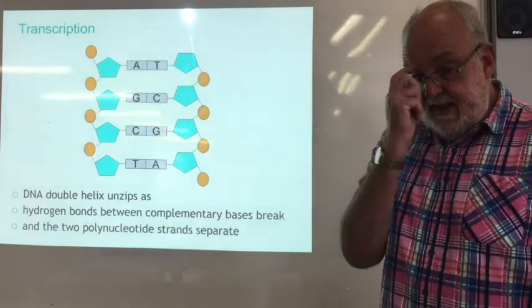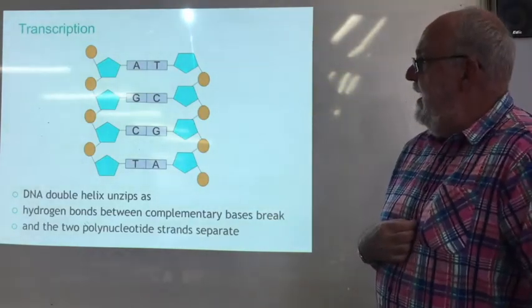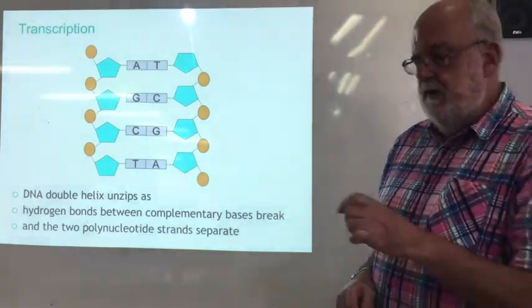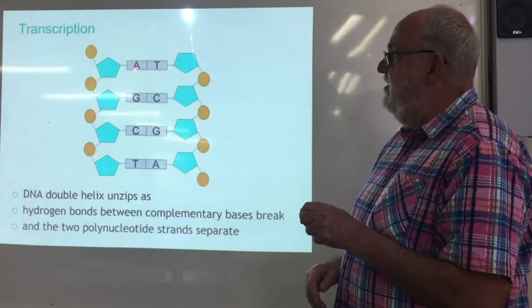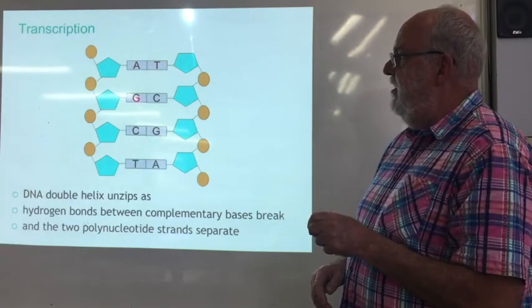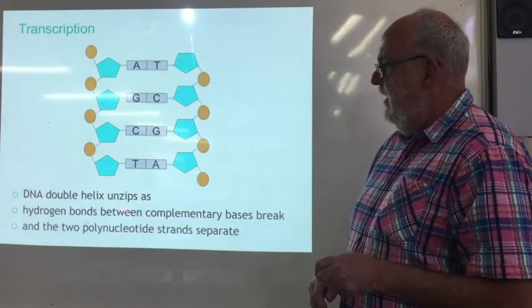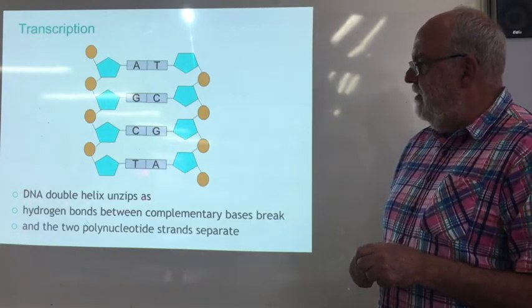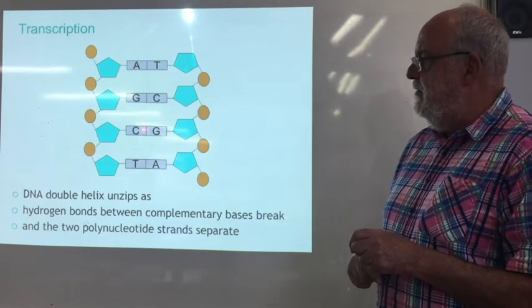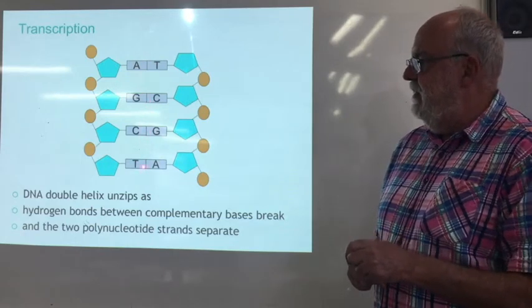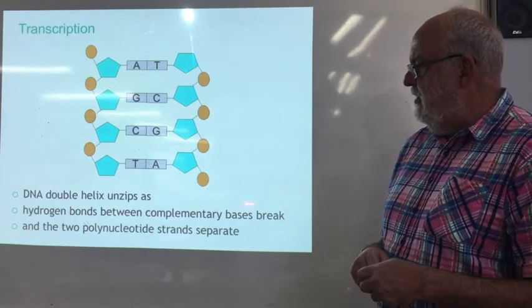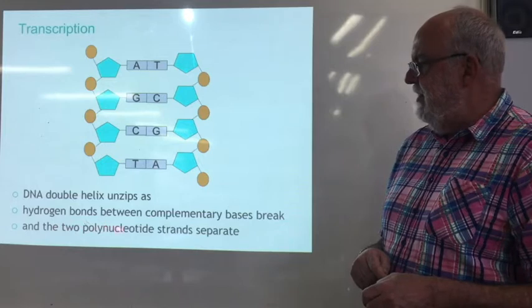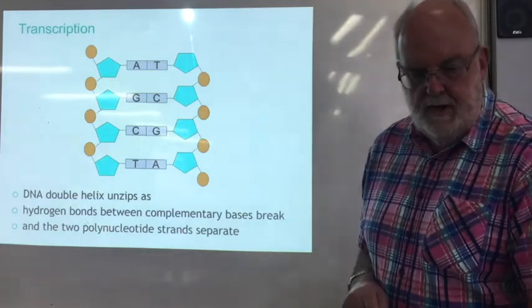So, the process. Here is a section of a molecule of DNA, with the usual sequence of bases being paired, adenine with thymine, cytosine with guanine, and so on. The first thing that happens is the molecule unzips, because, as you remember, there are hydrogen bonds between these sections, and the hydrogen bonds are broken using an enzyme reaction, and then you end up separating the two nucleotide strands.